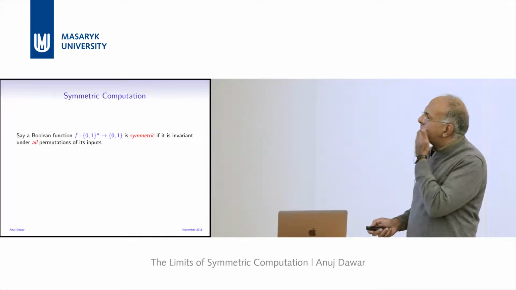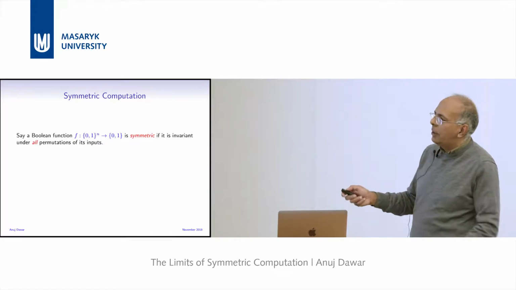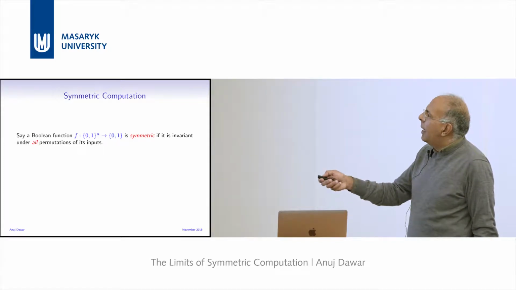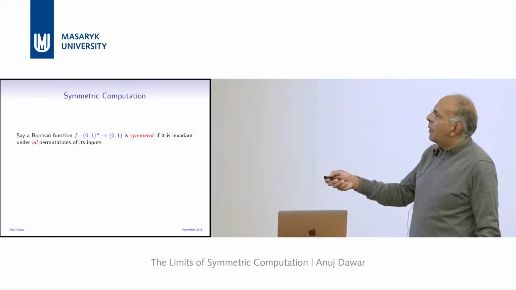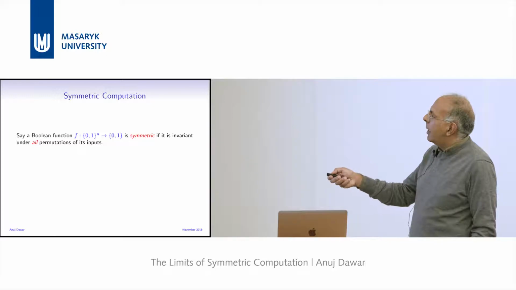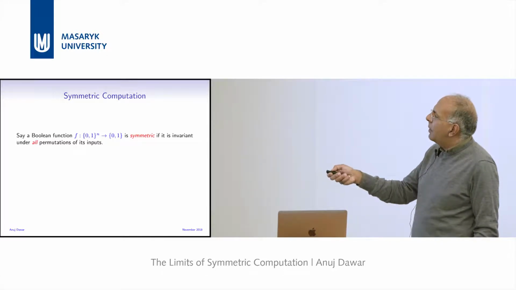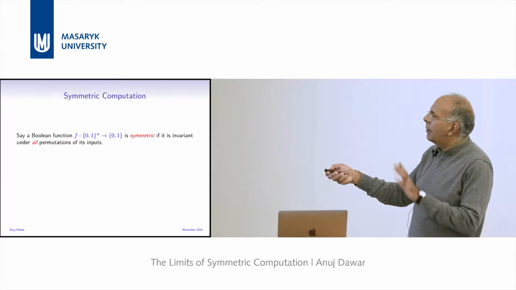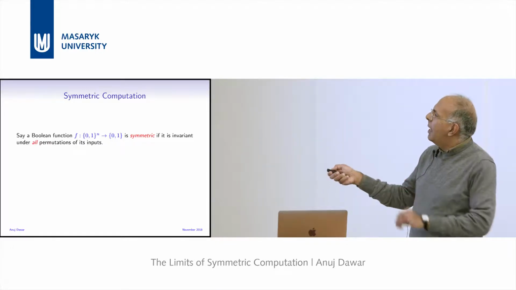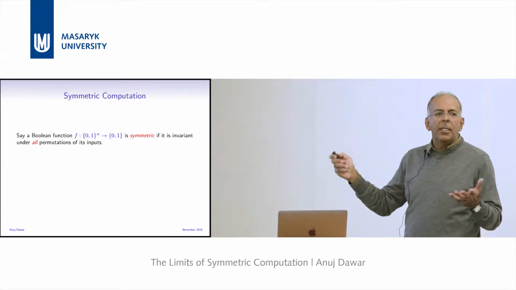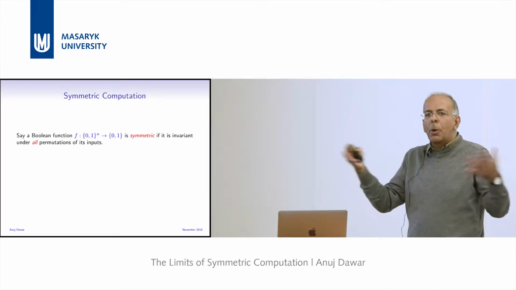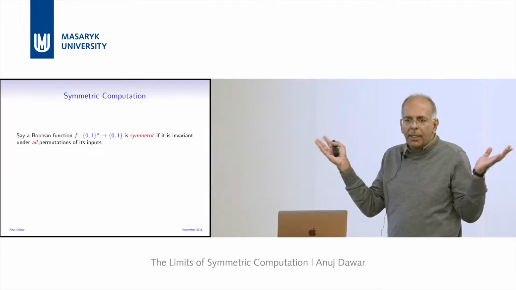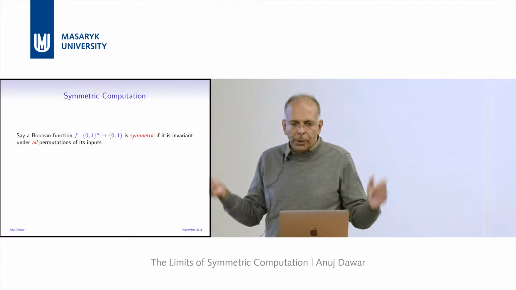In fact, we can prove something now, so this is kind of a robustness property. Say you have a Boolean function, so it takes some string of zeros and ones and gives you a 0 or 1 output. We say the function is symmetric. This is a different use of the word, mind, if it's invariant under all permutations. This is what I mentioned before. This means the function just counts the number of ones and gives you some property of the count.